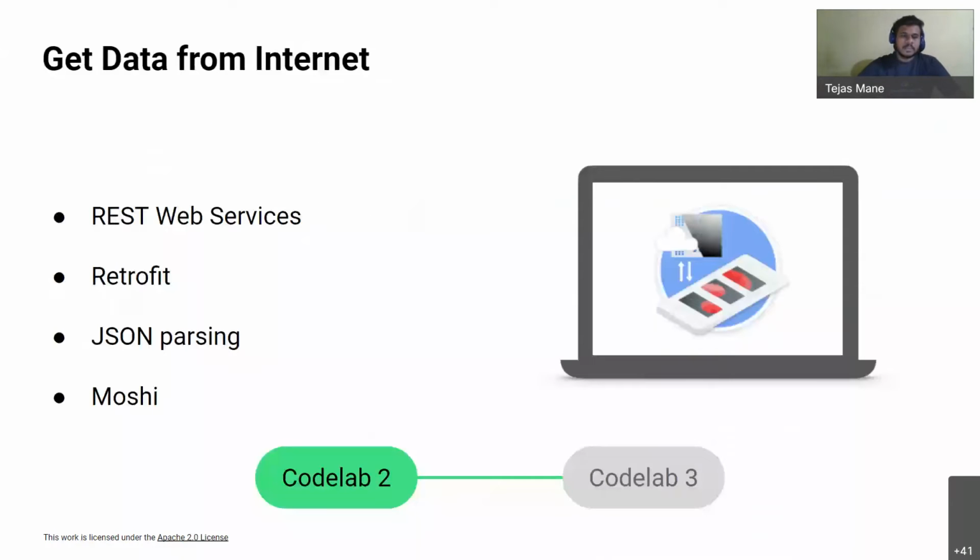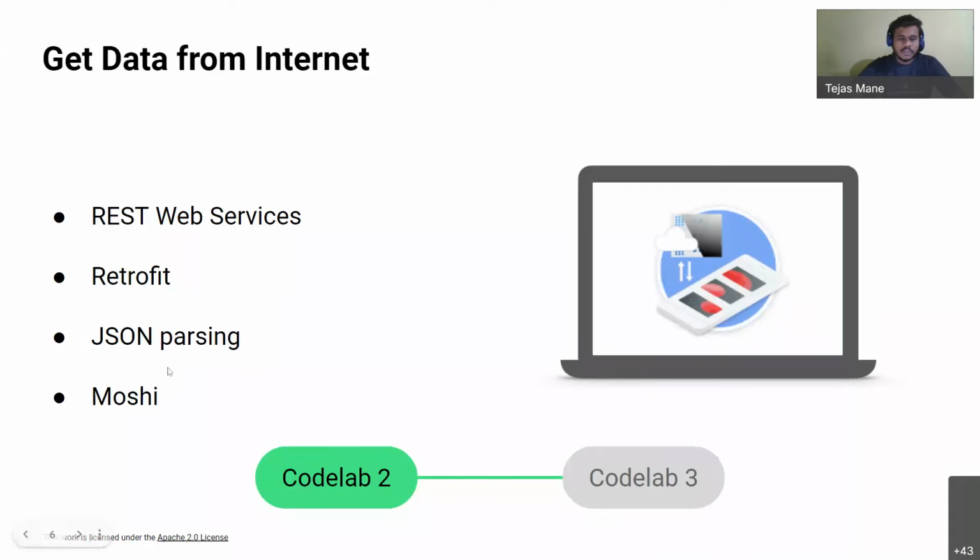Concept overview. In the Code Lab 2, we have these specific points like REST web services, what is REST, and how we can fetch data using a third-party library, Retrofit. We'll also do a JSON parsing so that the JSON object coming from a server can be fetched to a Kotlin object.